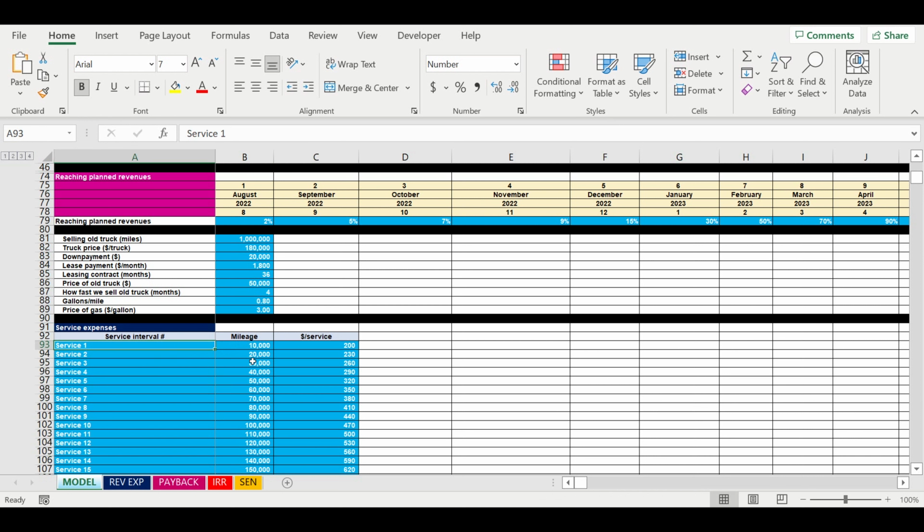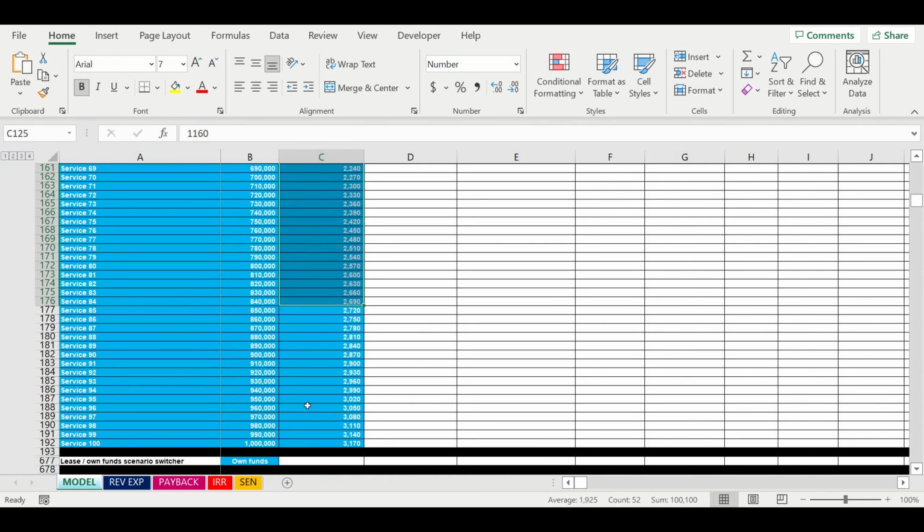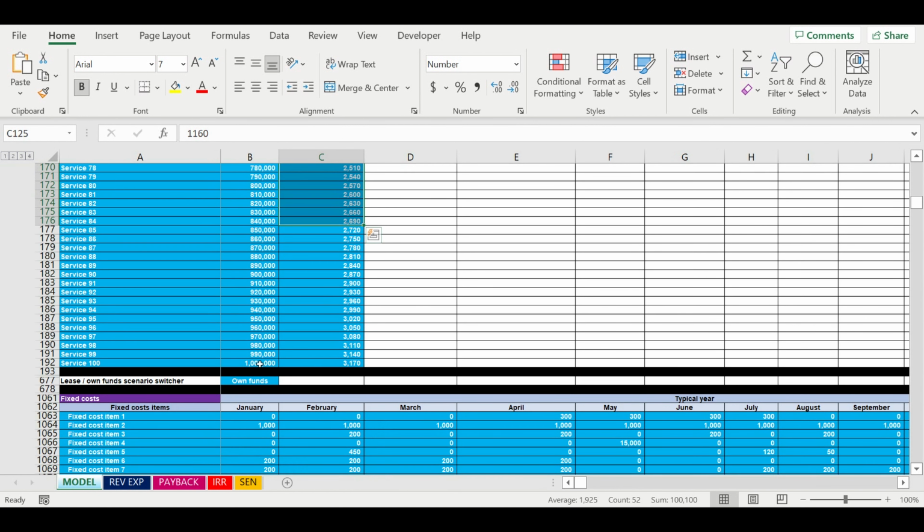So here we have the list of services. This is the mileage on odometer. This is the expenses on this or that service. So we marked 1 million miles, for example, on the odometer, and services and expenses.